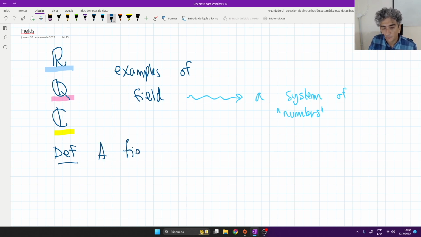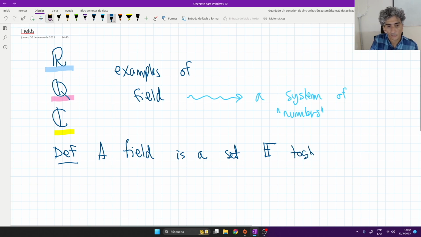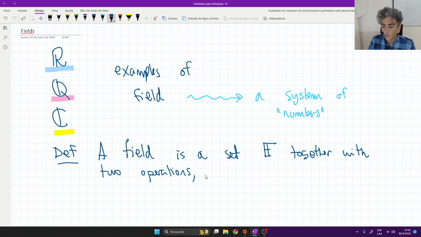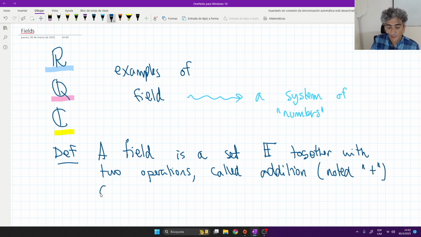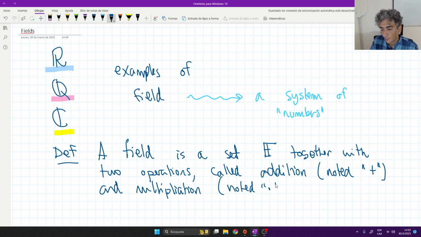A field is a set F together with two operations called addition, that we're going to note with a plus sign, and multiplication, noted with a dot, right?